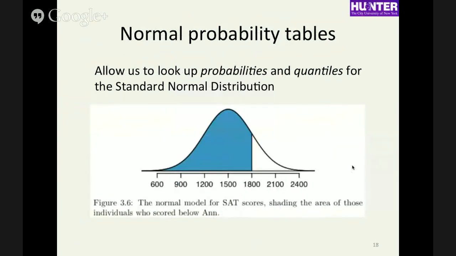So we want to actually say how well Ann and Tom did on this test. We're going to do that in terms of quantiles or percentiles. And if any of you had to take the SATs, you'll know what percentiles are. It's how your score was relative to the rest of your peers.